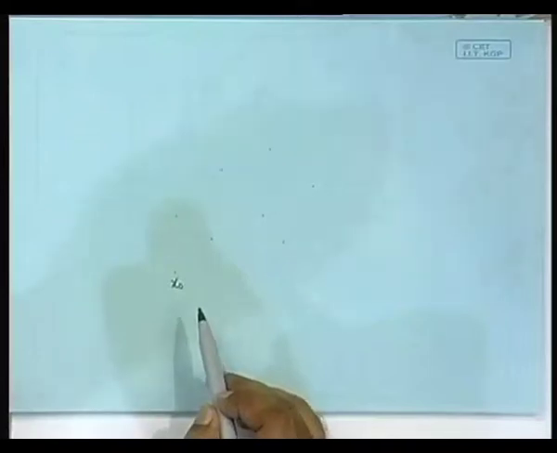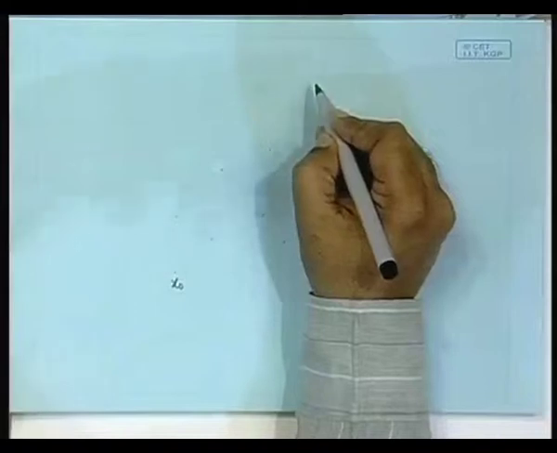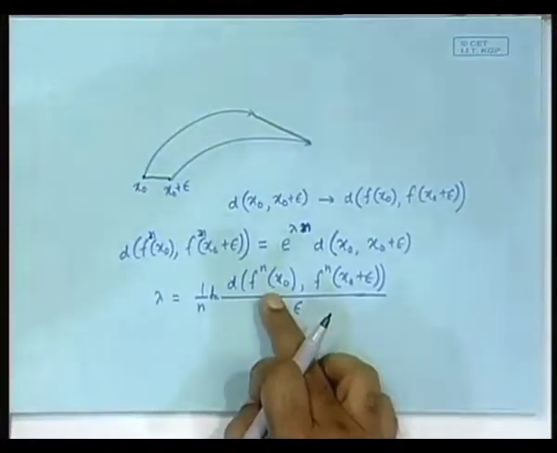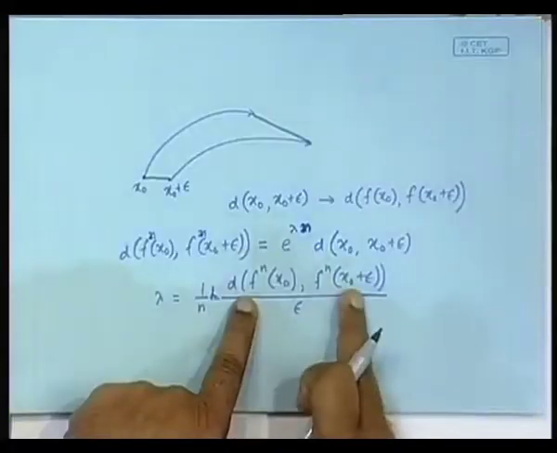So essentially you can then say that the derivative, here what am I doing? Here I am taking the derivative of the nth iterate. For example, we have taken the second iterate of some map, the third iterate of some map, and taken the derivative. It is like that. Taking the derivative divided by the initial separation, taking the derivatives at the two places.